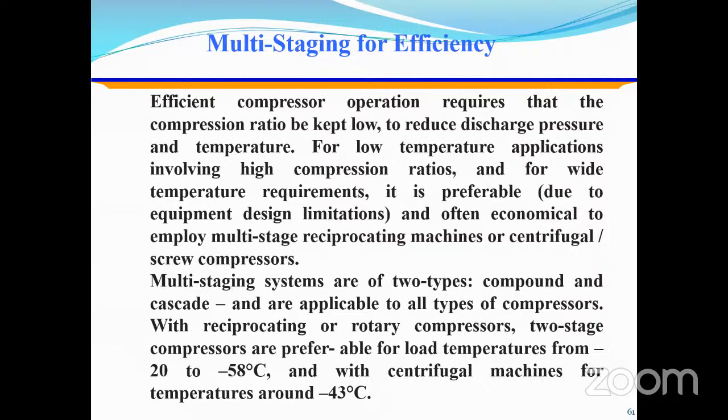Multi-staging systems are of 2 types, compound and cascade, and are applicable to all types of compressors. For reciprocating or rotary compressors, 2-stage compressors are preferable for low temperatures from 20 to -58 degrees C, and centrifugal machines for temperature around -40 degrees.